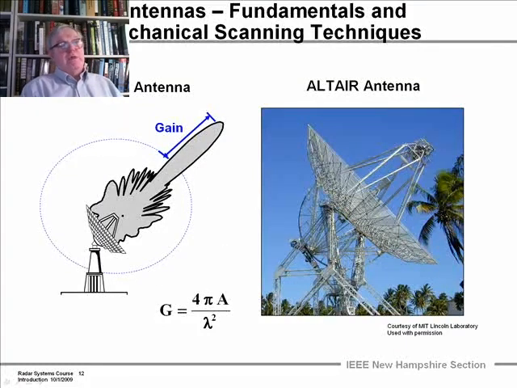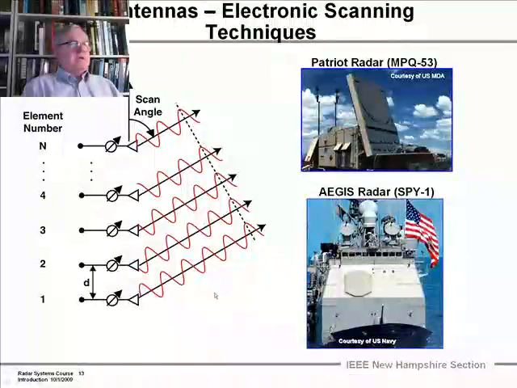Here's a picture of a very large antenna located on the island of Kwajalein in the Marshall Islands, the Altair radar. And the gain of the antenna is 4 pi A over lambda squared. We'll go into this in a lot more detail.